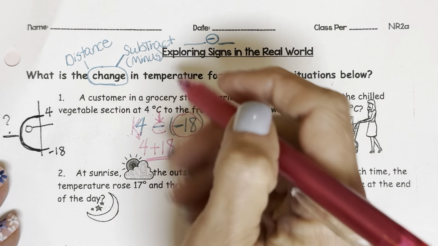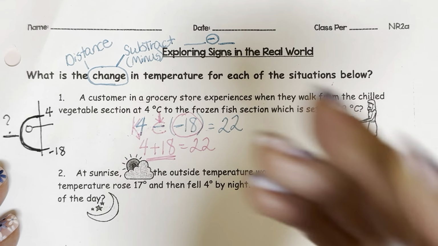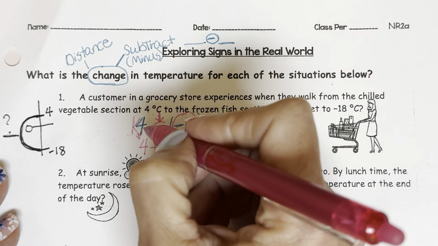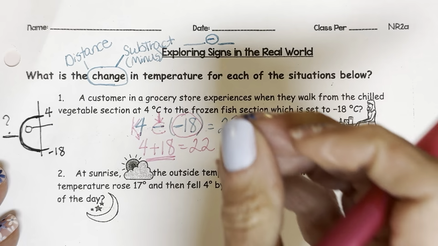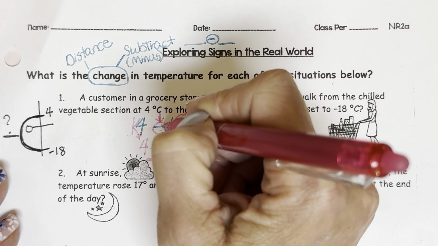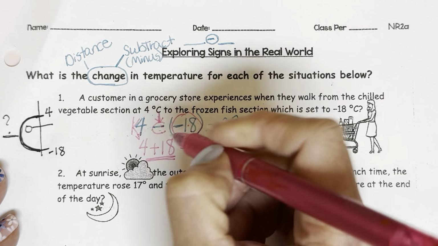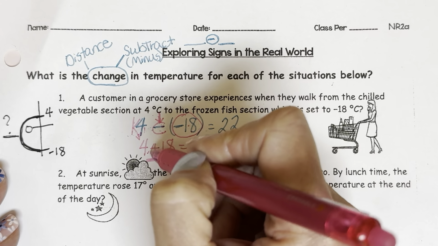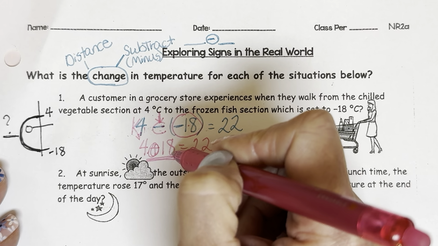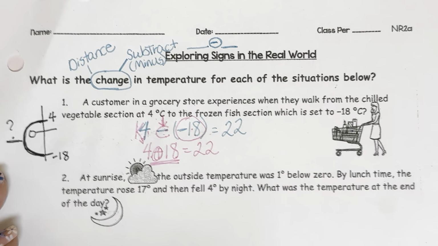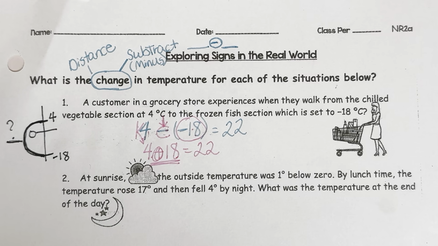In division and multiplication, that minus means opposite of. So this is 4 being combined with the opposite of negative 18, which is a positive 18. So that's what that means.